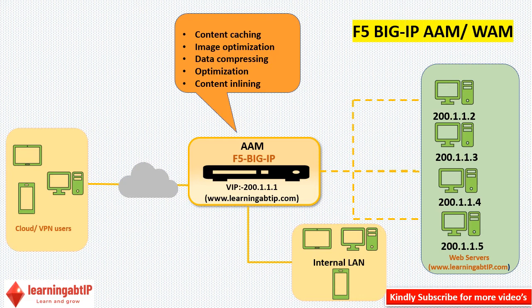Web accelerator manager caches content on F5 Big IP or even forces caching on the client browser with the goal of moving content closer to the user. It reduces the size of images by lowering the resolution quality, stripping out unnecessary data, compression, and converting file formats to make them more efficient.